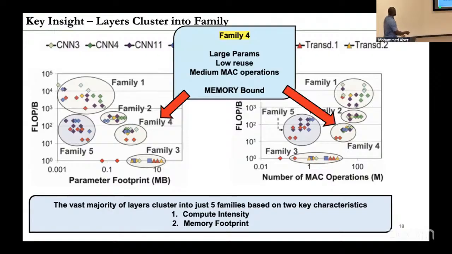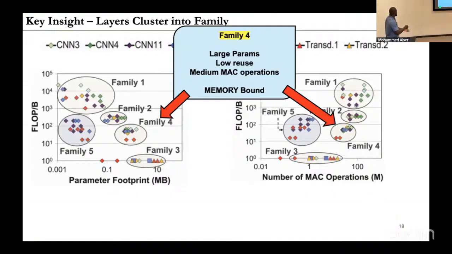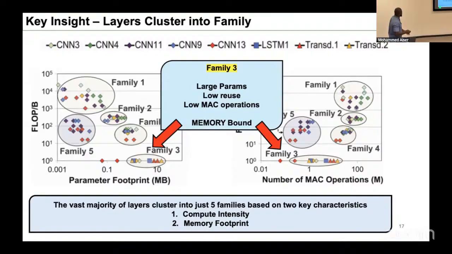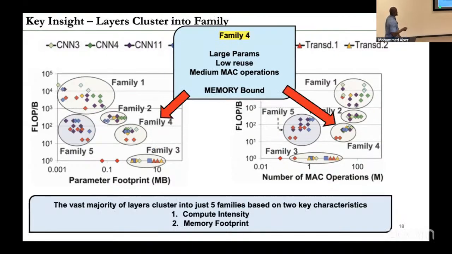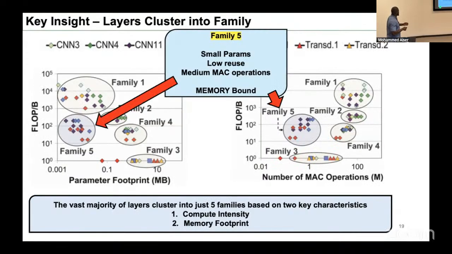The fourth family has large parameters, low parameter reuse, and medium MAC operations. And the last family has small parameters, low reuse, and medium MAC operations.